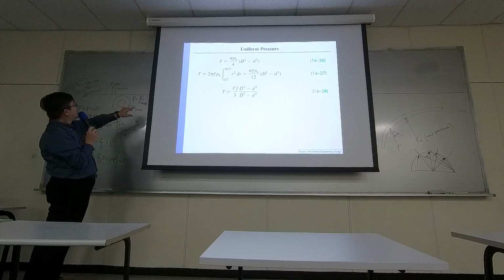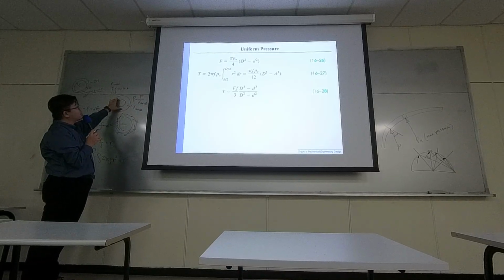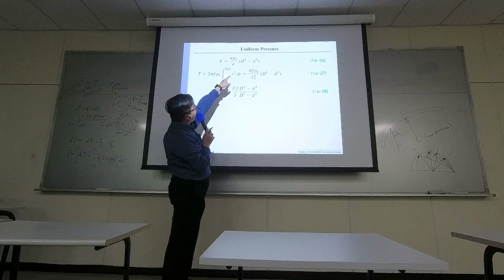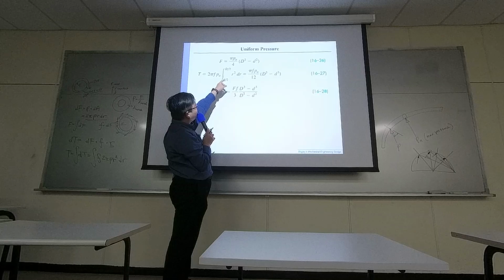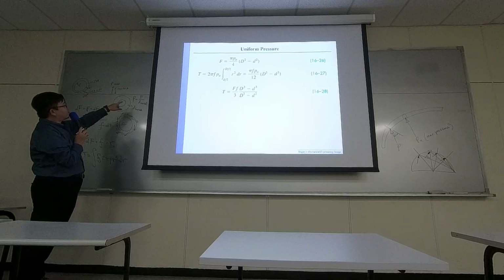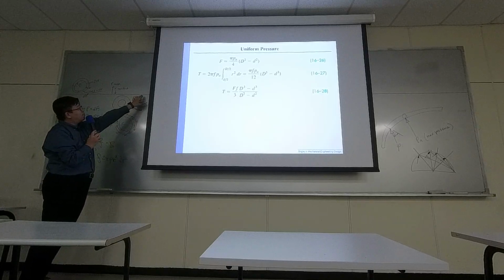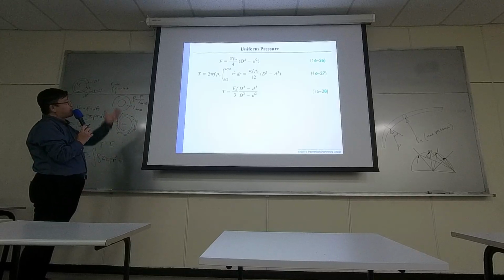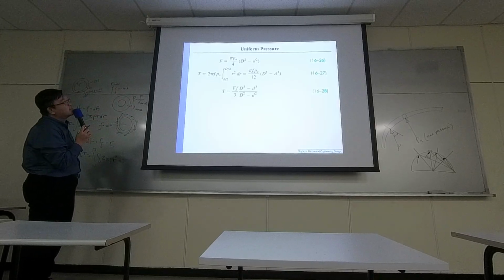And what's the total area for a ring? Basically, pi capital D squared over 4 minus pi small d squared over 4. That's why your F, the force, equals to P times the total area. Basically, the pressure is the same everywhere.